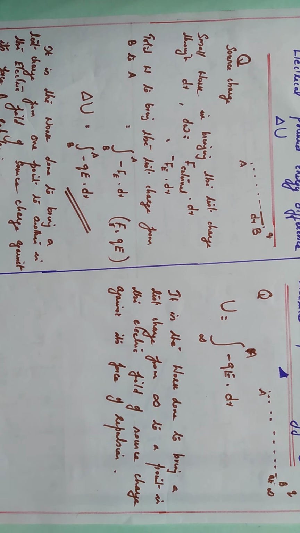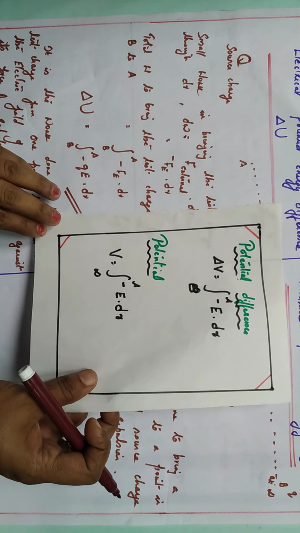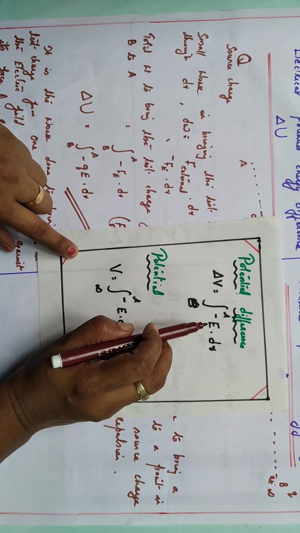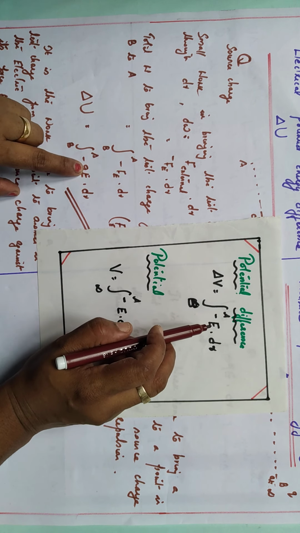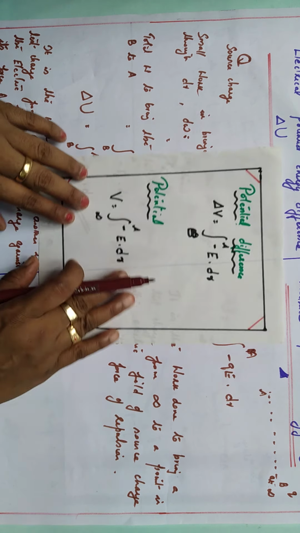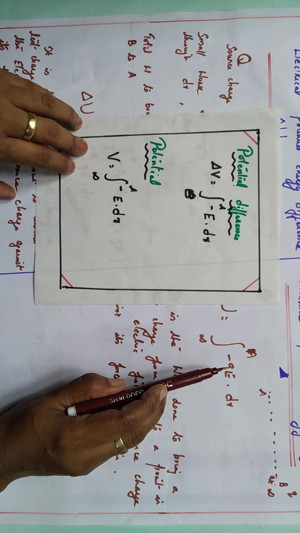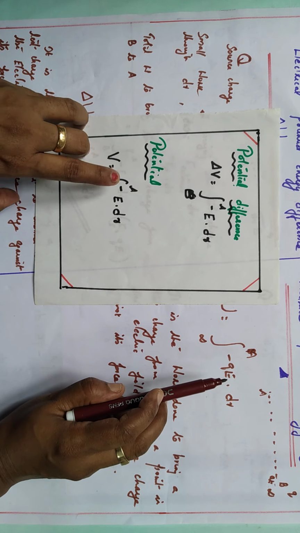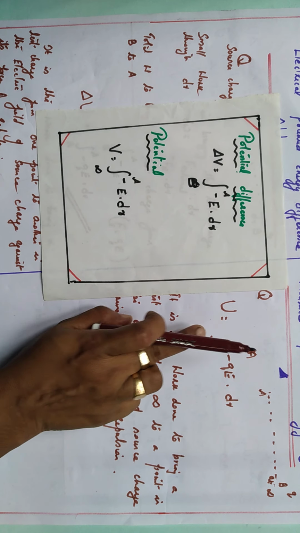In the beginning of the chapter, we defined potential difference and potential, electric potential. Potential difference means the work done to bring a unit positive charge. Instead of Q, if Q is equal to 1 coulomb, that is called potential difference. Here also, instead of Q, if the charge is equal to 1 coulomb, it is the work done to bring a unit positive charge from infinity to a point, and that is called potential.